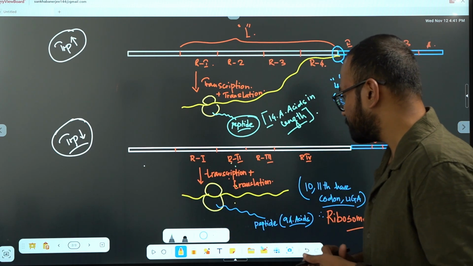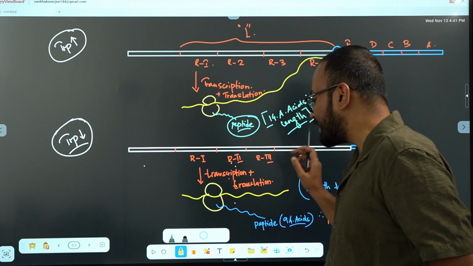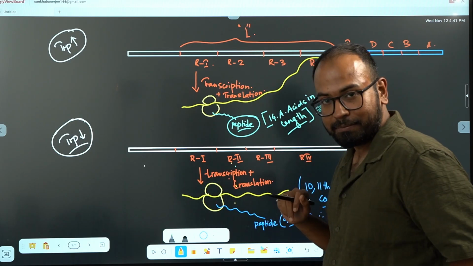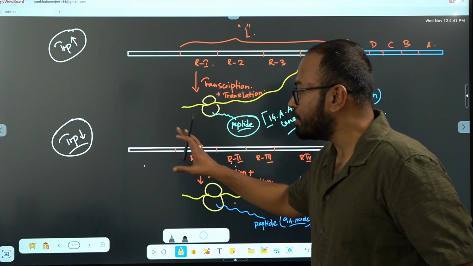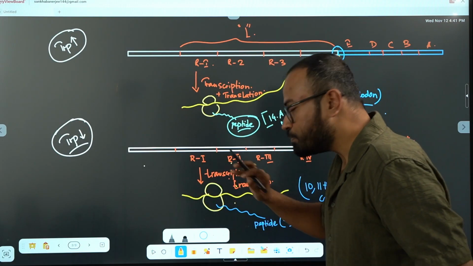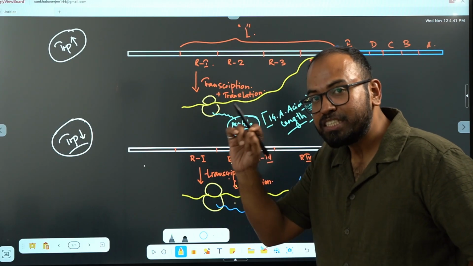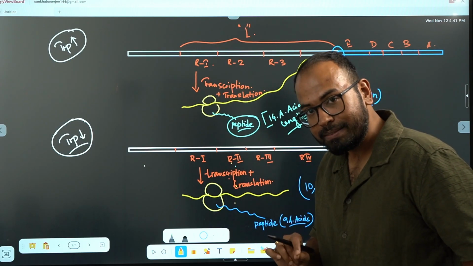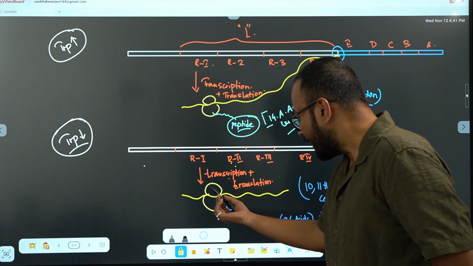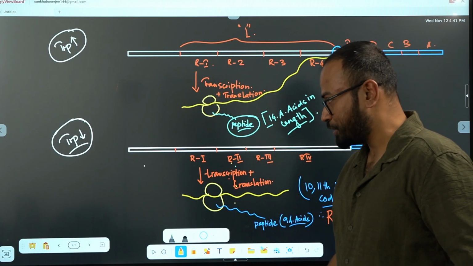Then come to the point. When transcription has taken place, we have got our mRNA. Now the condition is that the tryptophan level within the cell is low. The ribosome has bound to it. The ribosome will bind at the AUG start codon of the leader sequence region 1, so it will start synthesizing, and we will get a peptide stretch.